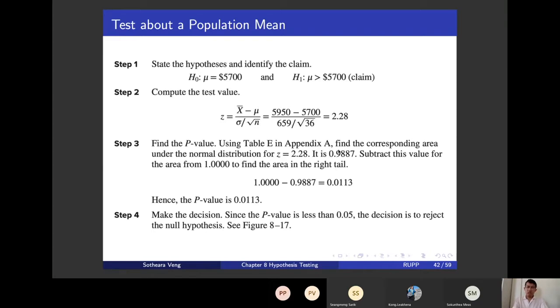The significance level just changes the critical value, but it doesn't change the test value. So with this test value, we always have this p-value.